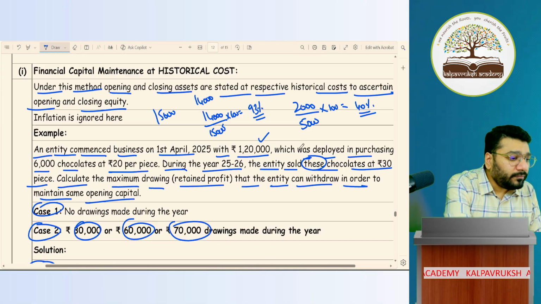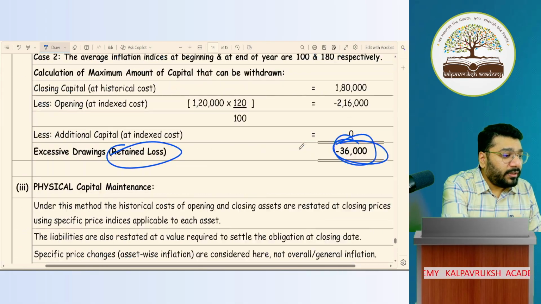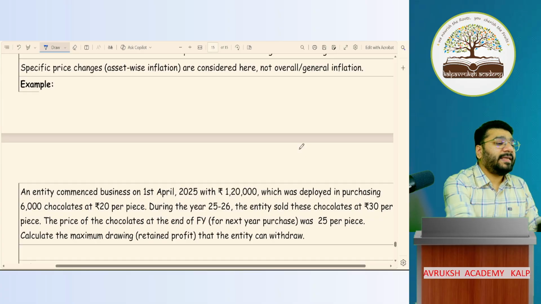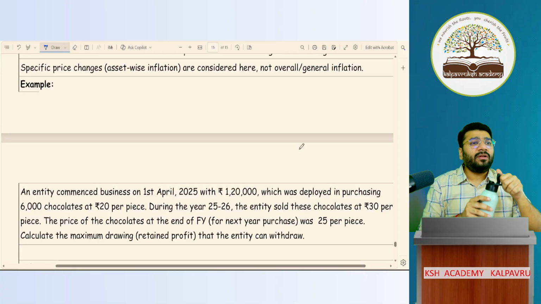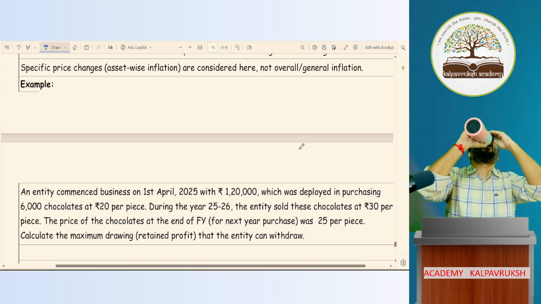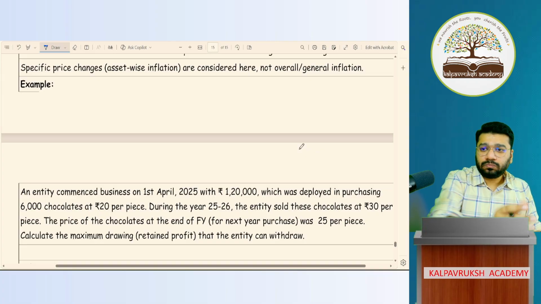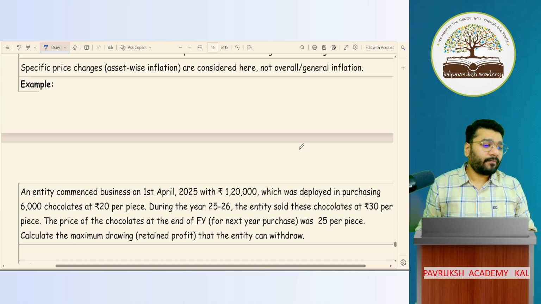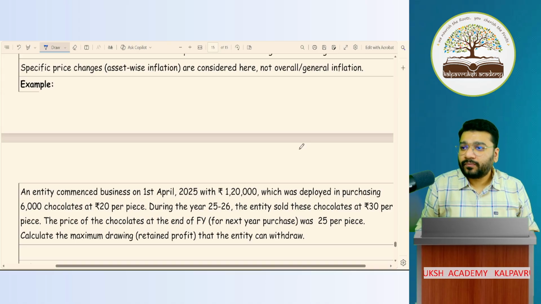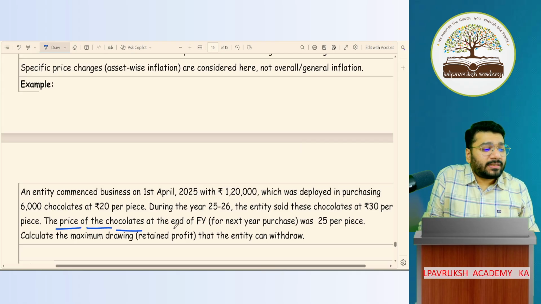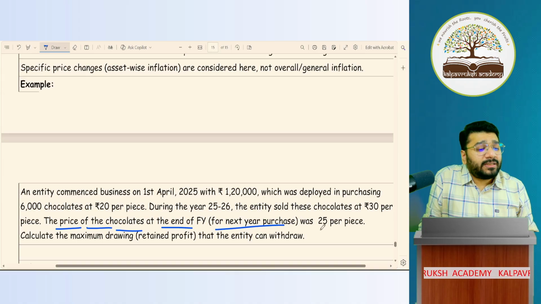Okay, thank you. Now, let's see one example. Let's say this example. All of you read it. Same question, what is the difference? The price of the chocolates at the end of the financial year for next year's purchase is 25 per piece.